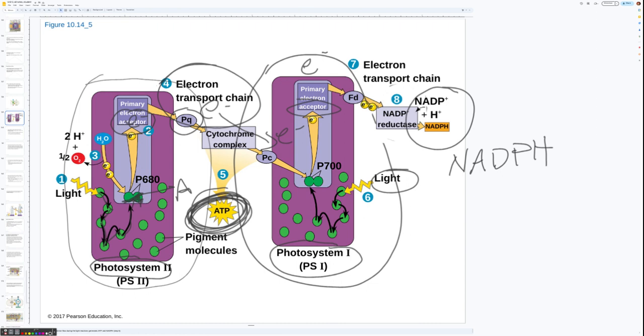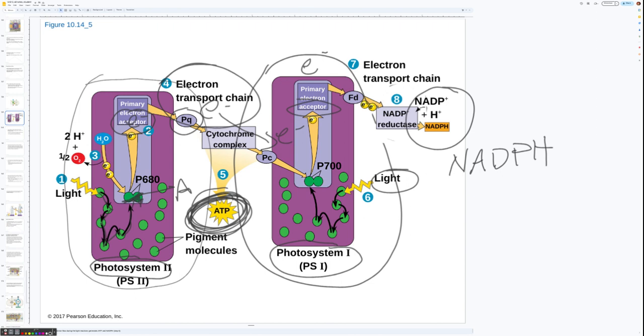Once we get those energized electrons, we're doing the whole electron transport oxidative phosphorylation thing. Is it the exact same as the other one? The only thing that's different about it is the direction, the orientation of how the electrons flow in the membrane. Everything else is the same.